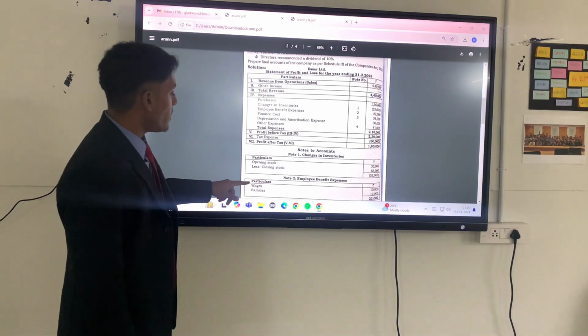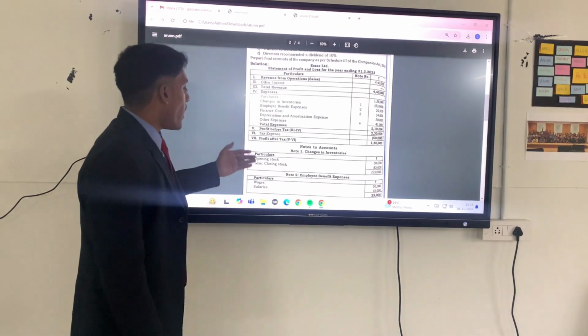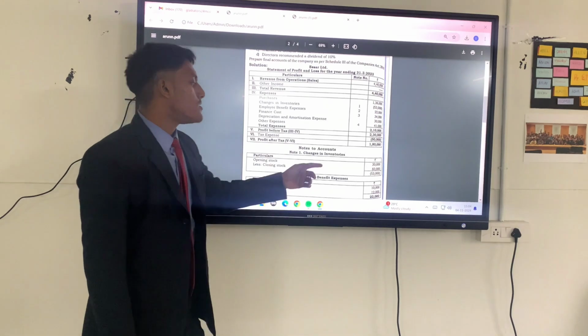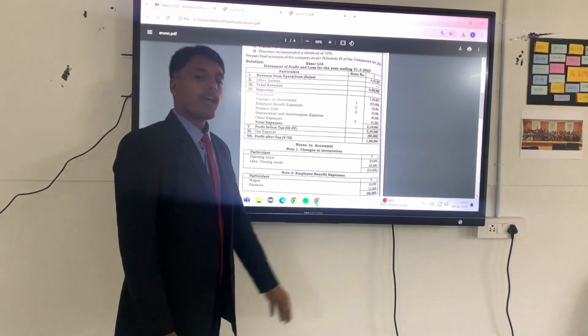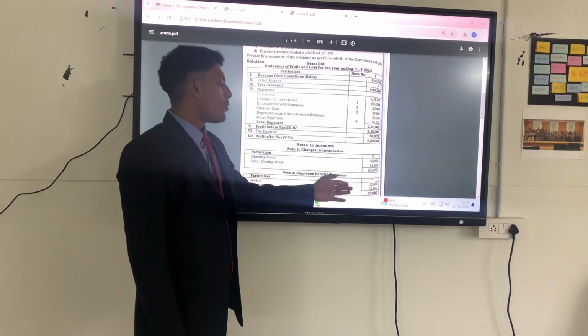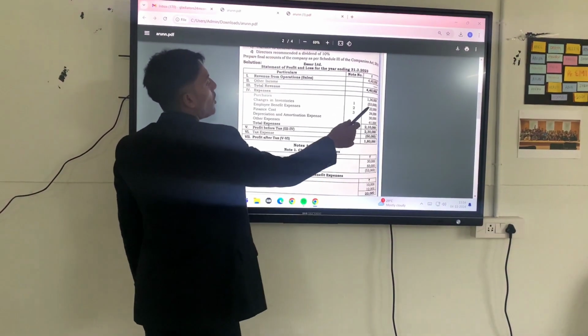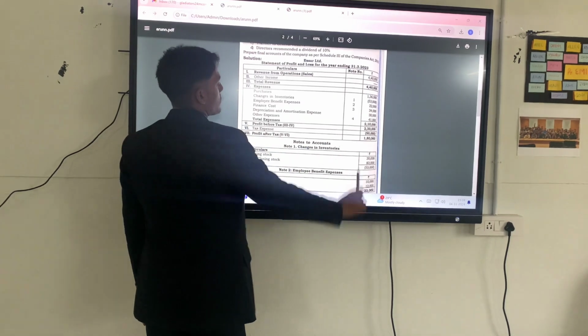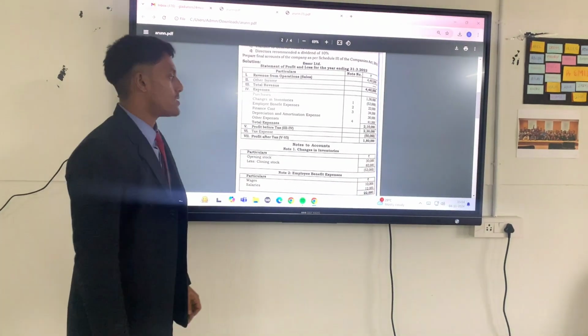So under the particulars employee benefit expenses comes wages, that is 10,000 given in the question, then salaries 10,000, then you have to add them, which comes to 22,000, and you show it in the account as 22,000. Then the next particular is finance cost.